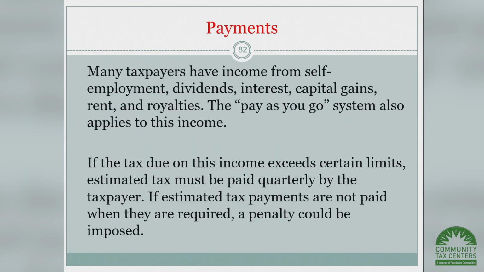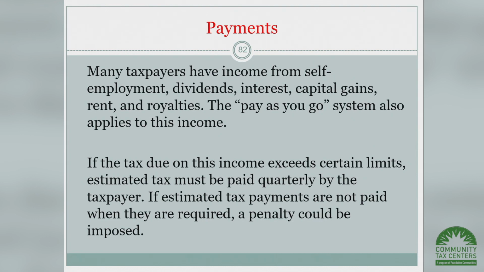Many taxpayers have income from self-employment, dividends, interest, capital gains, rent, royalties, and the pay-as-you-go system also applies to this income. If the tax due on this income exceeds certain limits, estimated tax must be paid quarterly by the taxpayer. If estimated tax payments are not paid as required, a penalty could be imposed.